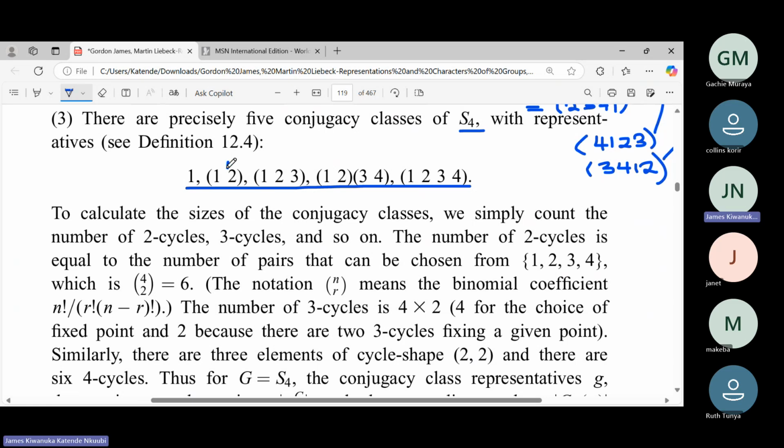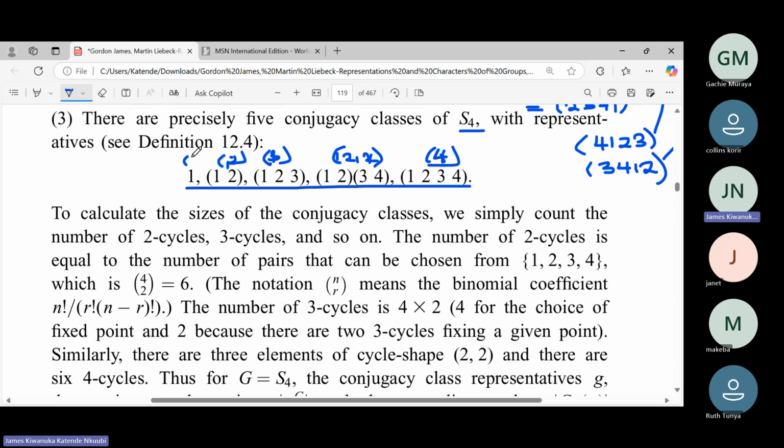You can have shape 2, shape 3, shape 2, 2, and shape 4. So this one, the shape is 4. This one, the shape is 2, 2. There's no other shape you can have. So based on the shapes alone, this is shape 3. Here the shape is 2.